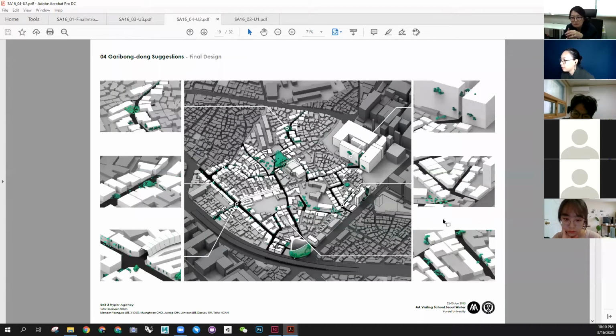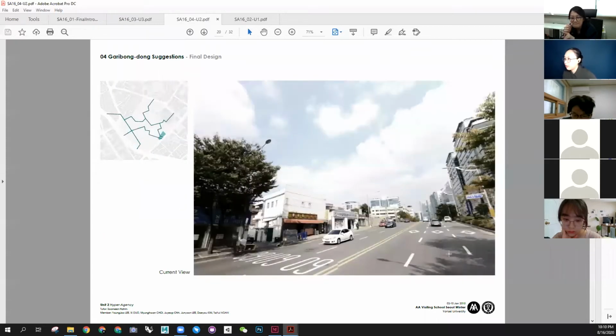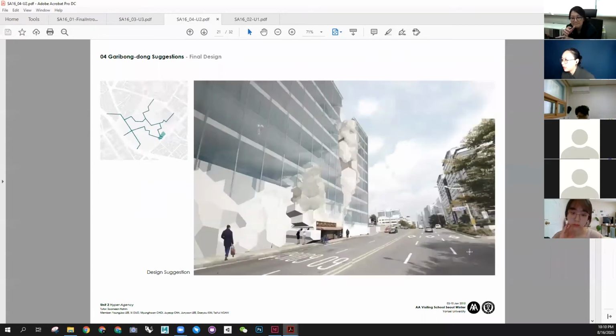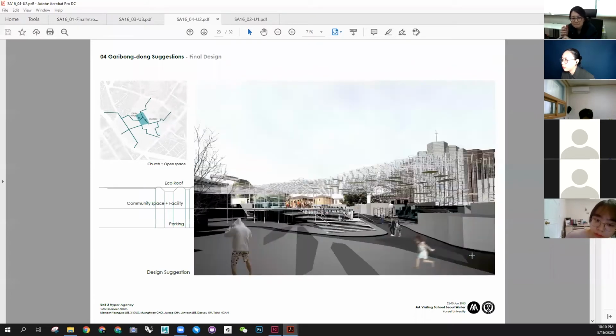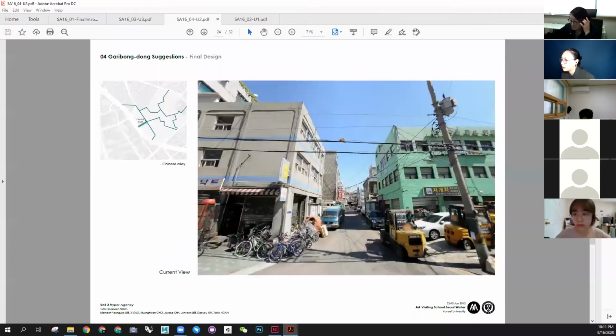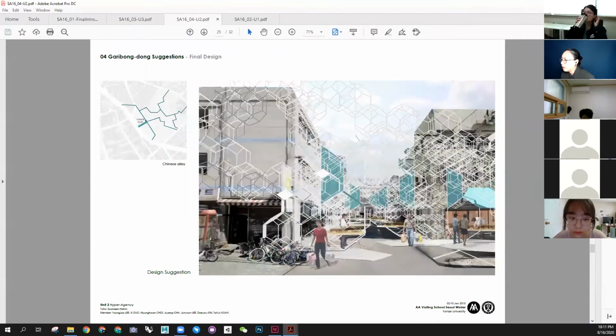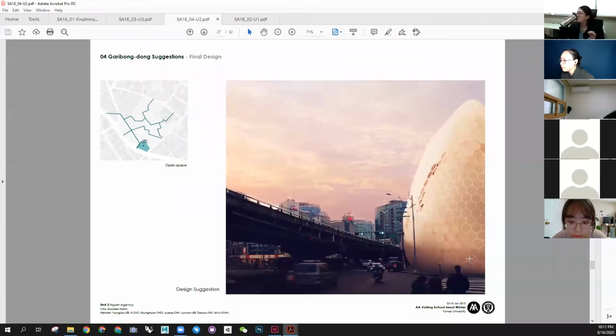You can see that if you zoom into these areas, a lot of different urban furniture and urban programs are inserted based on those needs. And then these views are transformed with inserted physical urban furniture or urban installations.